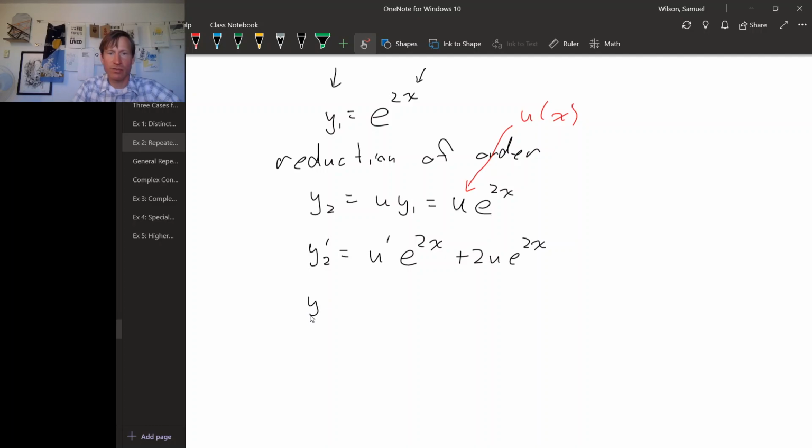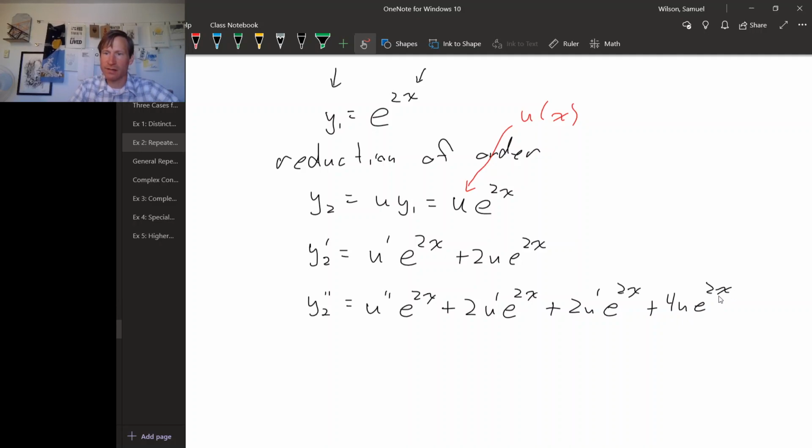The second derivative of y2 is u double prime e to the 2x plus 2u prime e to the 2x, that's the product rule on the first term in the first derivative, plus 2u prime e to the 2x plus 4u e to the 2x.